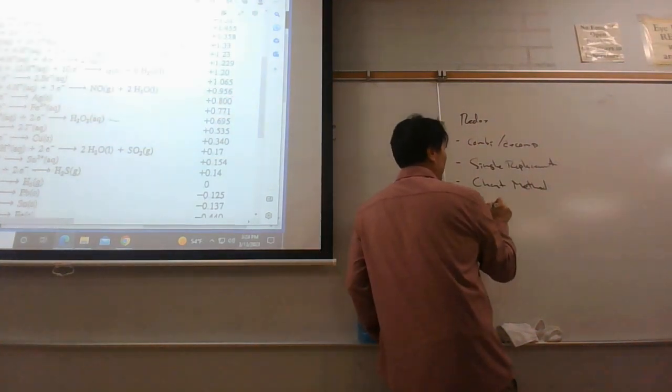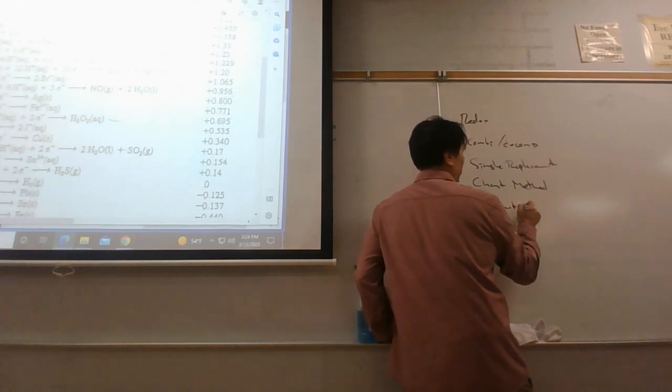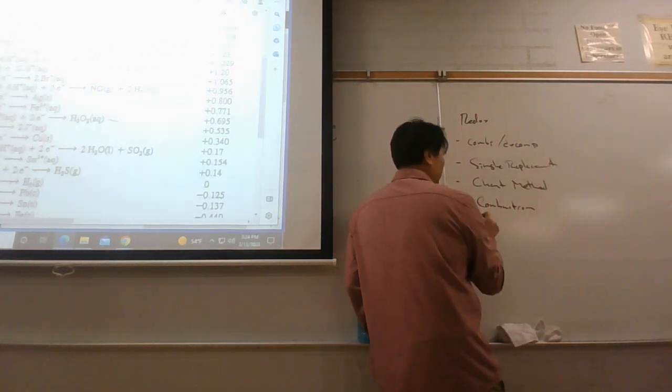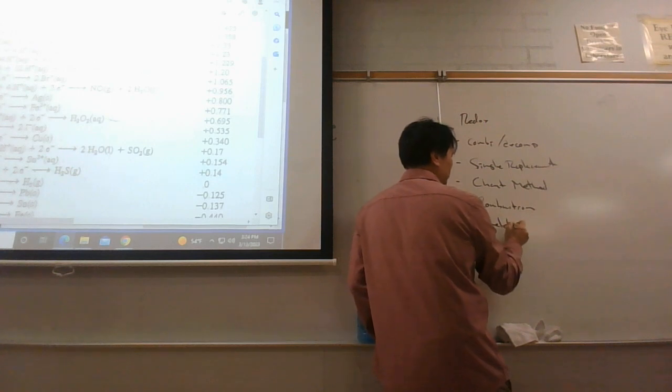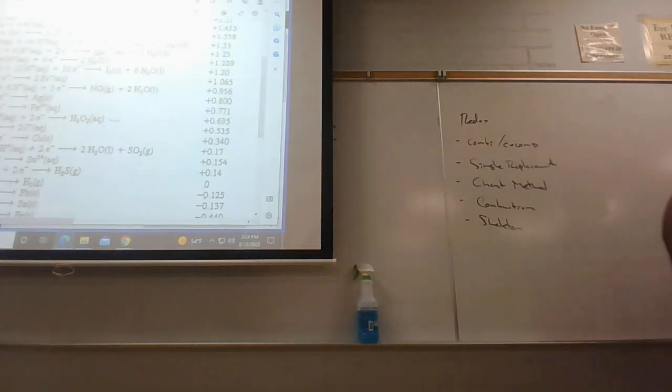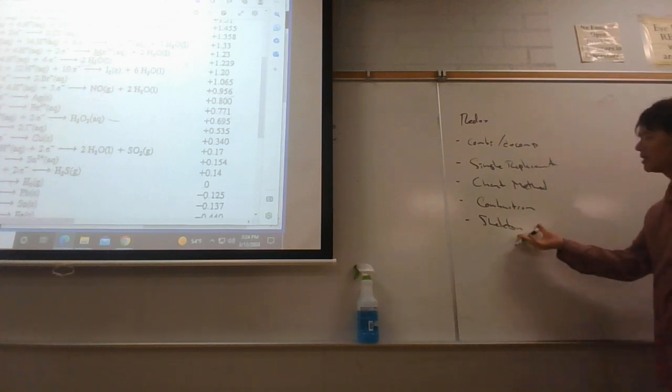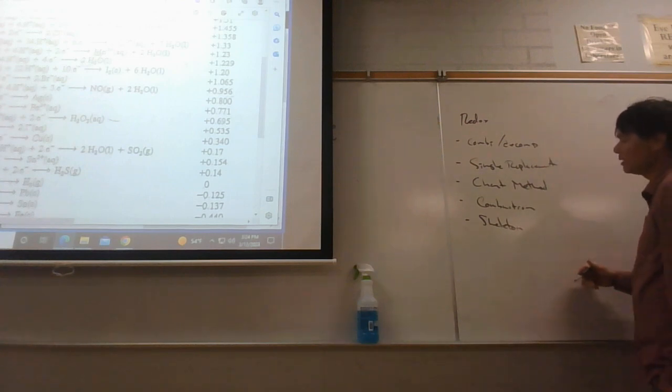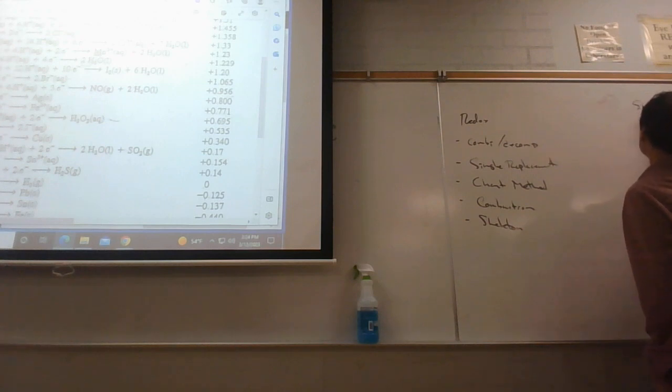We have combustion reactions, and we have skeleton reactions. Skeleton reactions are a little bit different. Skeleton reactions, you're given the major products, and so we don't have to predict them.